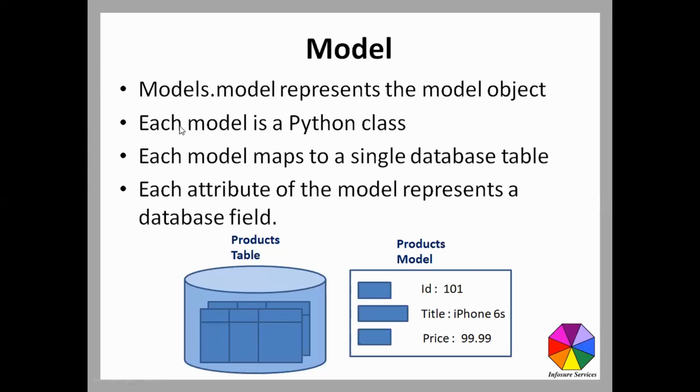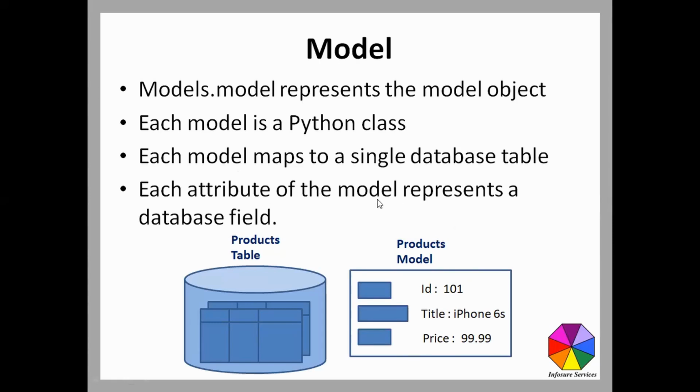And each model corresponds to a Python class. A Python class is the object which you created when you created the person class, vehicle class, and so on. And each model maps to a single database table.